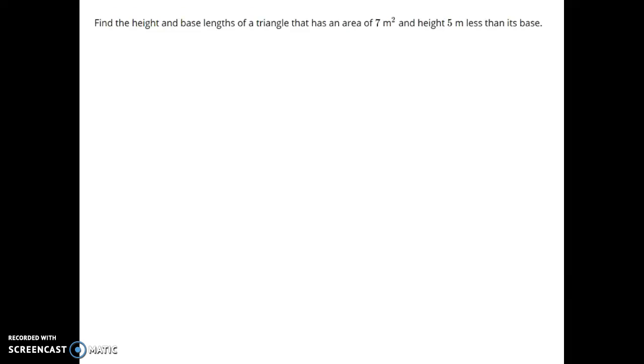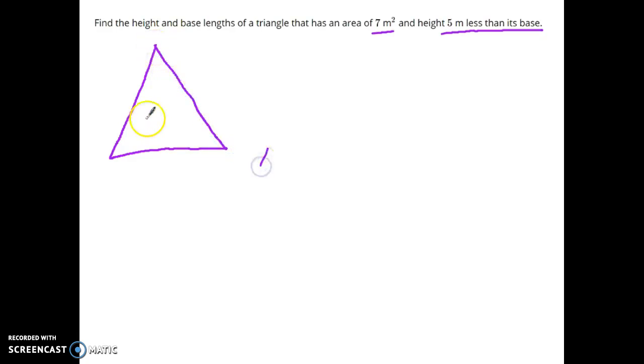Find the height and base lengths of a triangle that has an area of 7 and a height of 5 less than its base. Let's draw up a triangle. I don't really know what sort of triangle. It doesn't really matter. I know that I've got a height, and I know that I have a base, and I know that the area, which is half base times height, has to be 7.